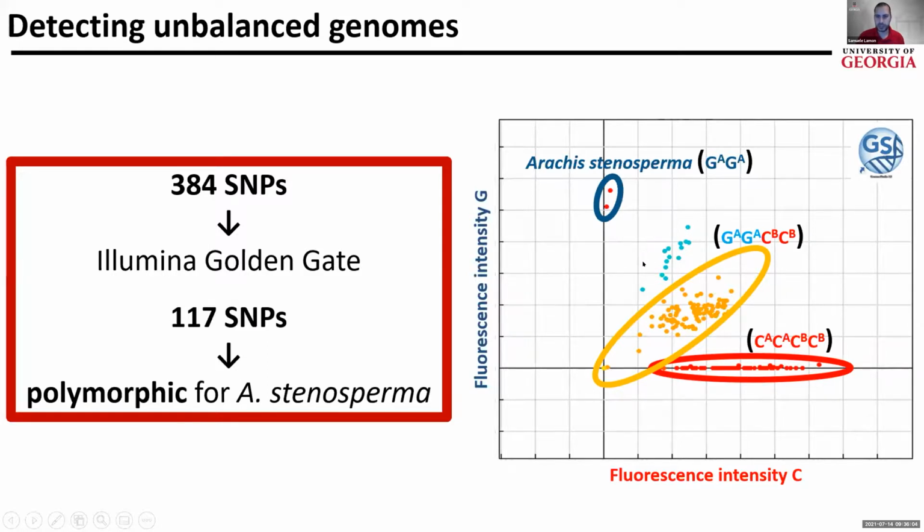But what is this cluster? This cluster can only come from double reduction events in the induced allotetraploid male parent. In fact, you can see that it has an AAAB genome composition and a GGGC allelic combination, a novel allele combination.